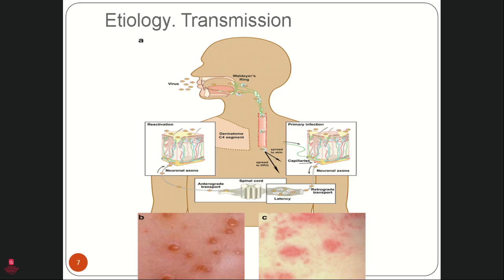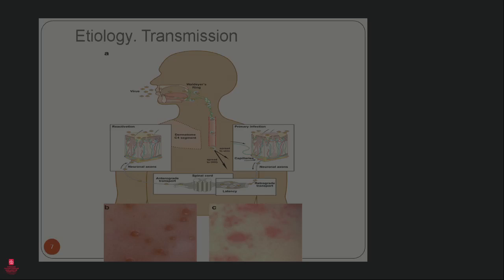Direct person-to-person contact with lesions also spreads the virus. In addition, maternal varicella with viremia can spread transplacentally to the fetus. This leads to neonatal varicella.